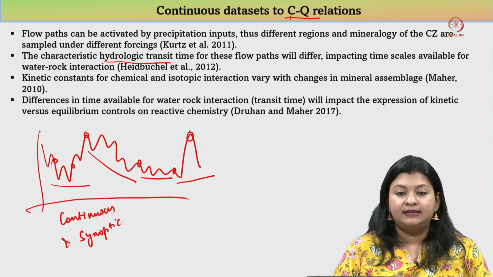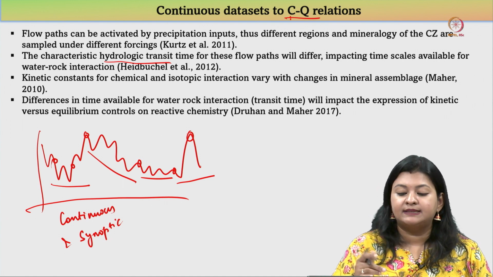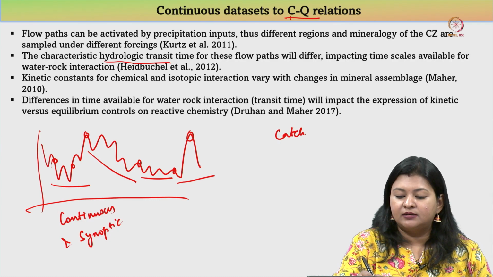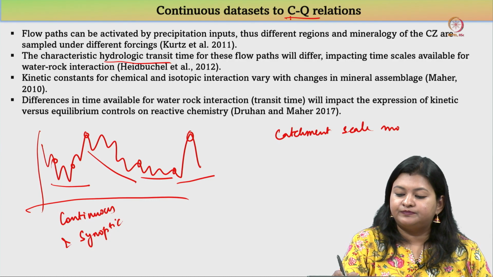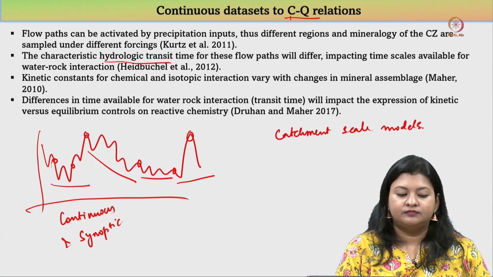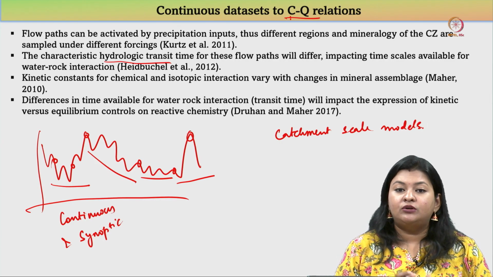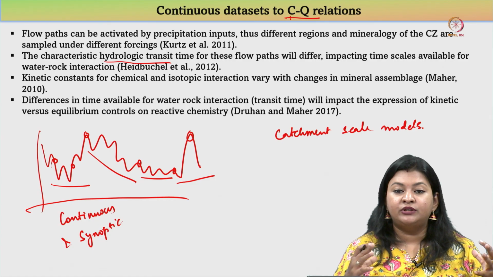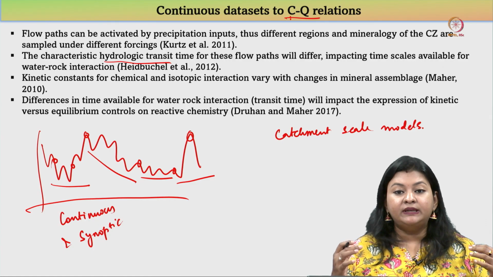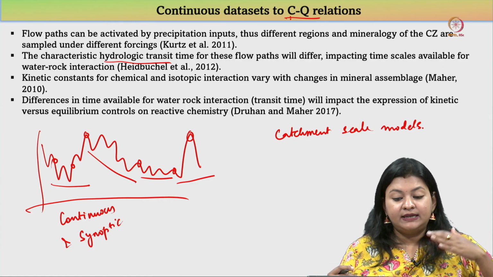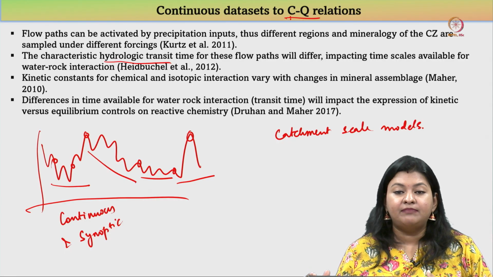To understand that, you need much more complex catchment scale models. When we look into the critical zone, we look into complex systems, we need to understand how this entire catchment scale modeling is happening.